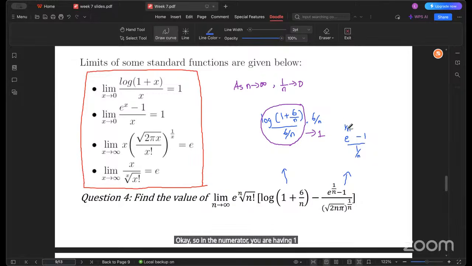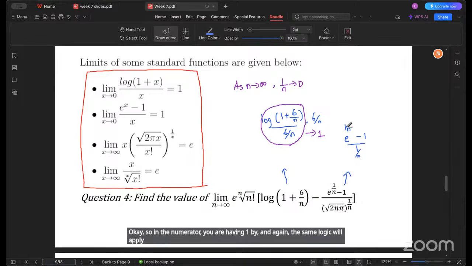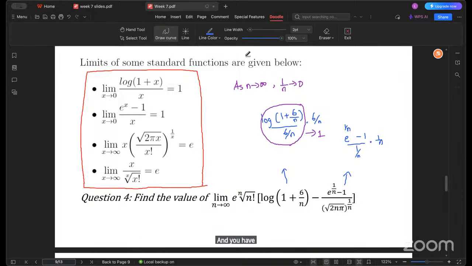Again, the same logic will apply. As n goes to infinity, this will go to 0 and hence this formula will also work. So here again, you know that this part will go to 1. What is there in the denominator? Convert into e.